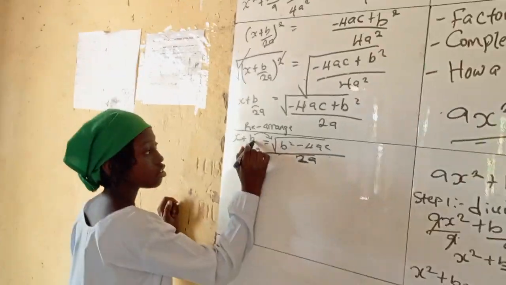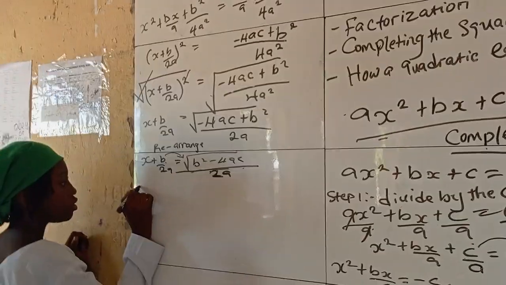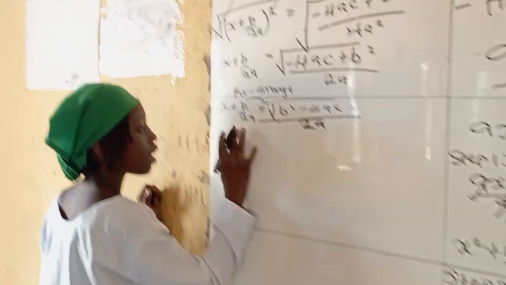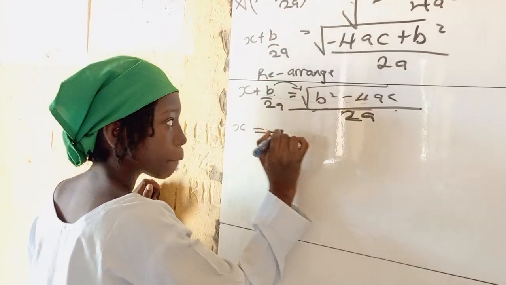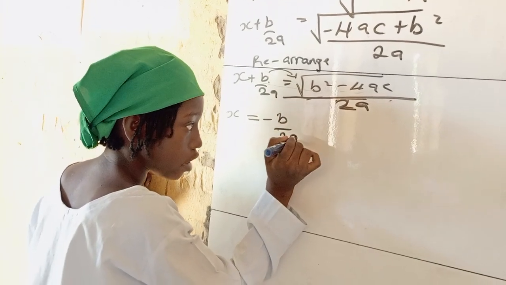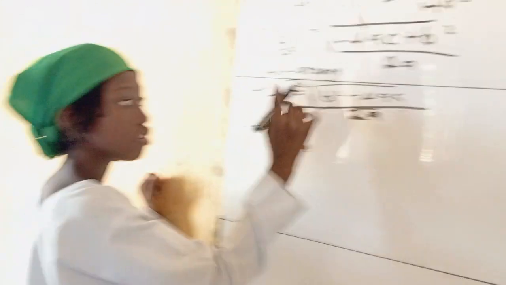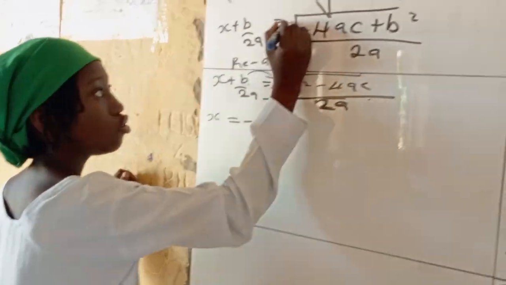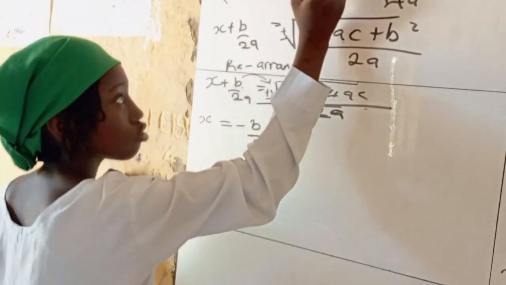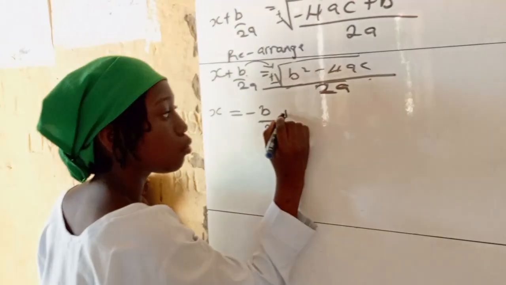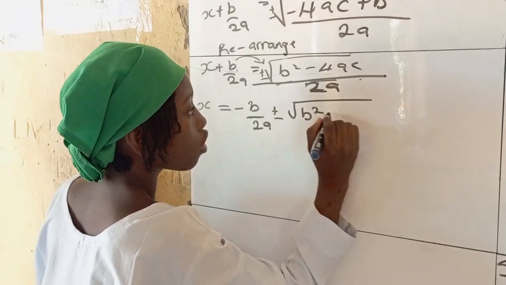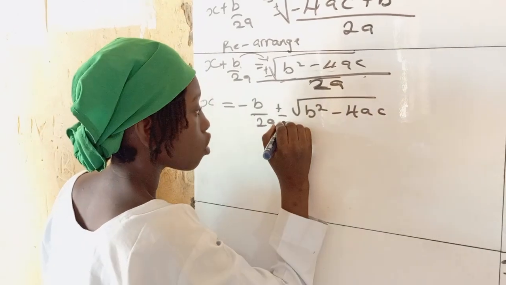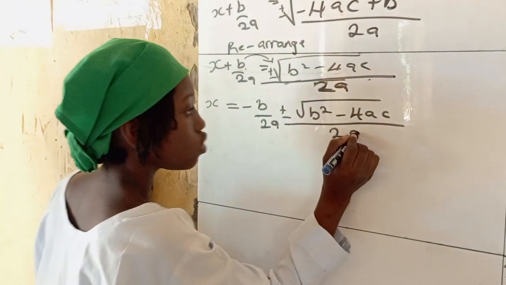At this point now, let this one come to the side, which will be x will now be equal to, if it's coming here, this sign is changing, minus b all over 2a, and in this root, there's always plus or minus. Root is plus or minus. So here with plus or minus root b squared minus 4ac all over 2a.